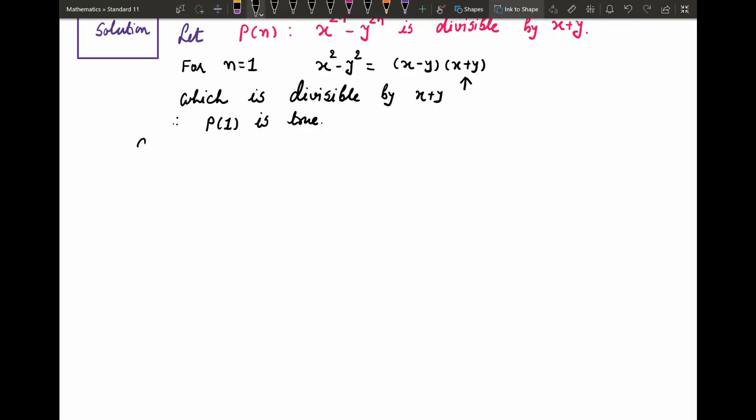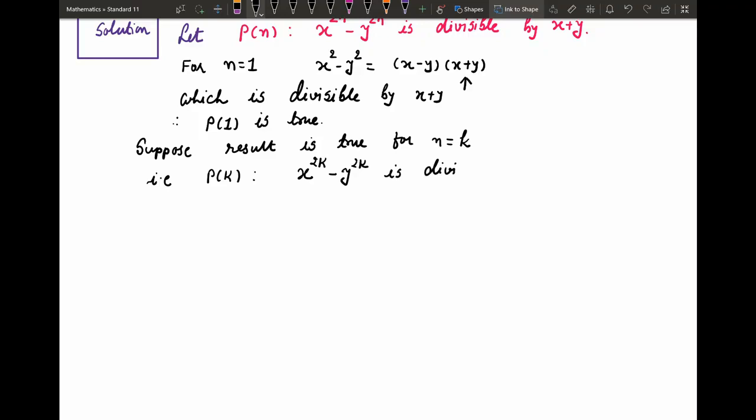Now suppose result is true for n equal to k, that is p of k, where replace n by k, so x raised to 2k minus y raised to 2k is divisible by x plus y.